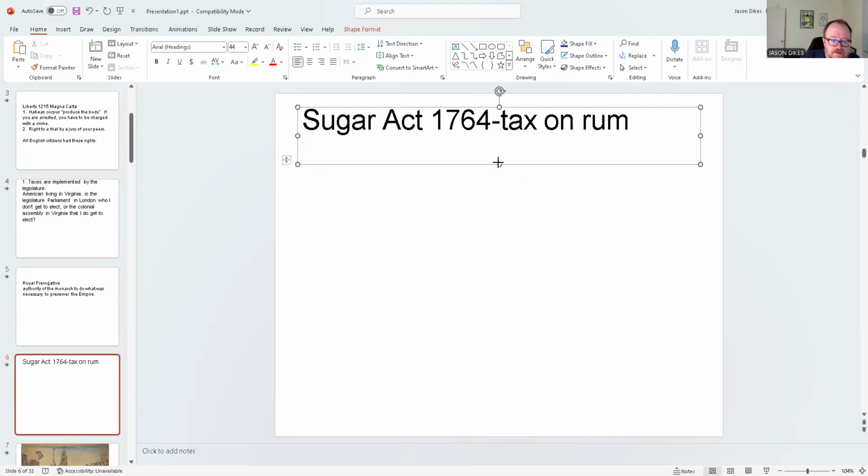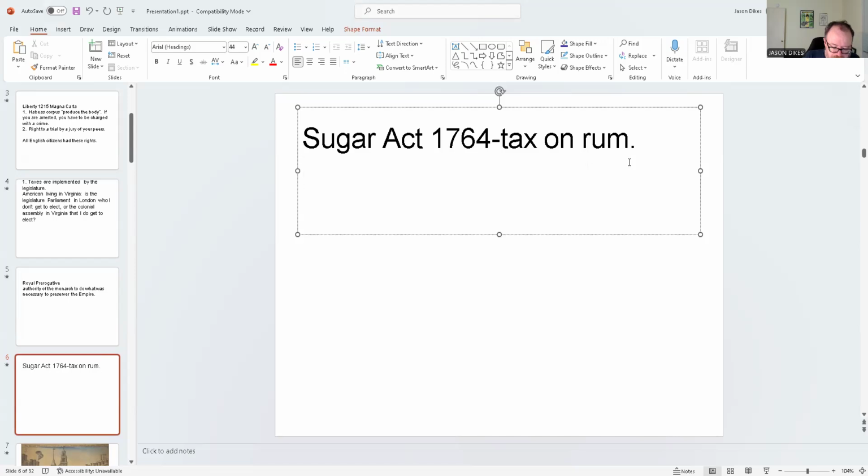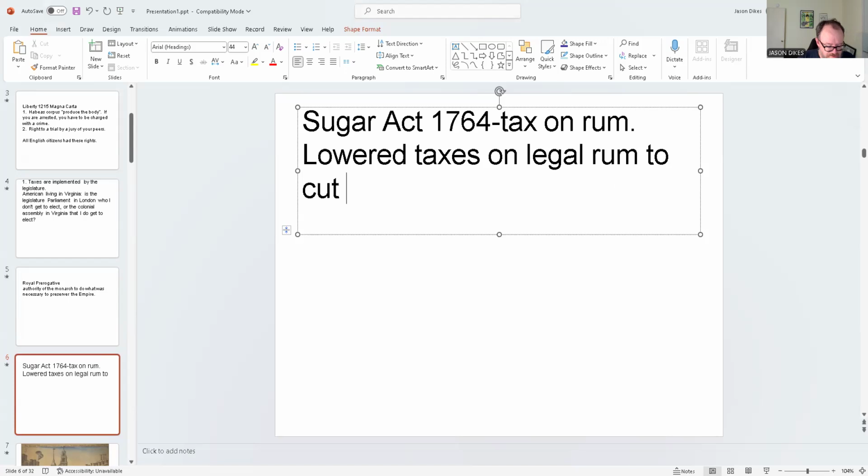And what it did is it actually lowered taxes on legal rum to cut down on smuggling. A lot of people made money smuggling alcohol into America.